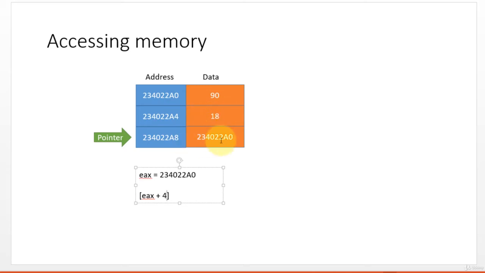If you wanted to access this address, then you will put +8. So EAX +8 will access the data stored here, which is another address. Let's move on. So this is quite common. You will see this quite a lot in Cheat Engine when we do the coming next few lessons.